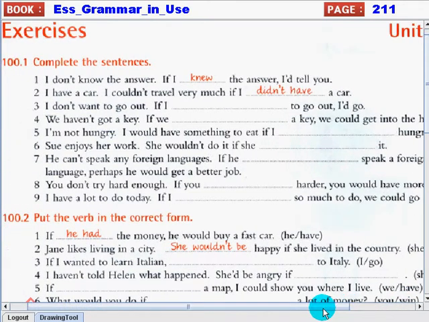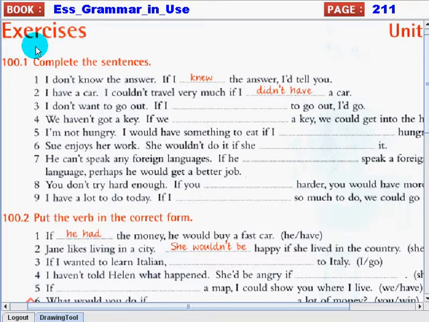We have to put the past form of verb with the word if or after the word if when we know that the situation is not going to happen, whether in the future or in the present. We are sure about that idea.